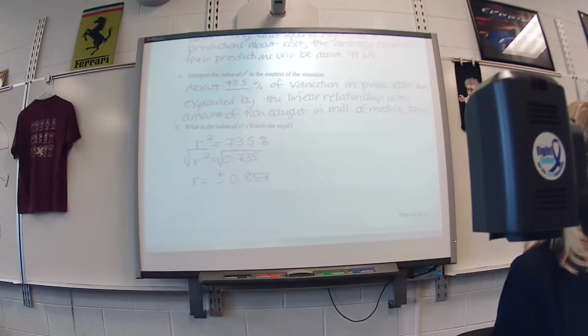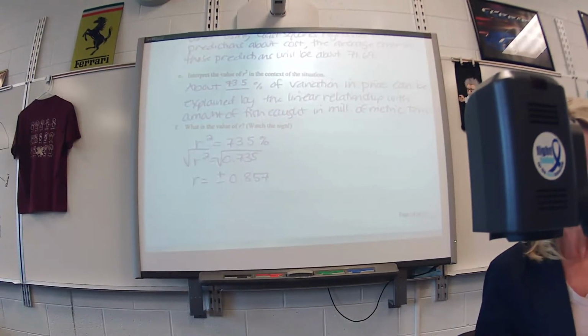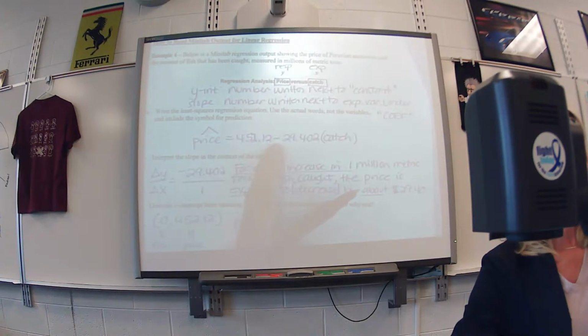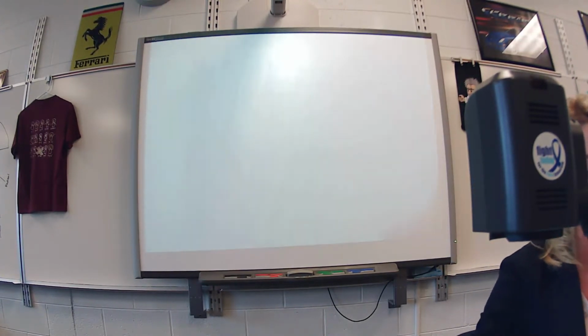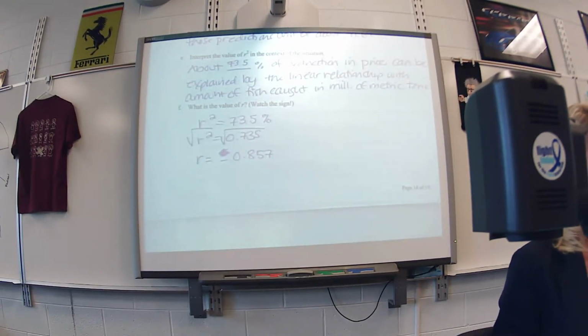It's got to be one or the other, and you will be expected to know. How are you going to know? It's the slope. If the trend line has a negative slope, it means the dots must be going down, and therefore your R must be negative. You have to be able to remember to do that. Okay?